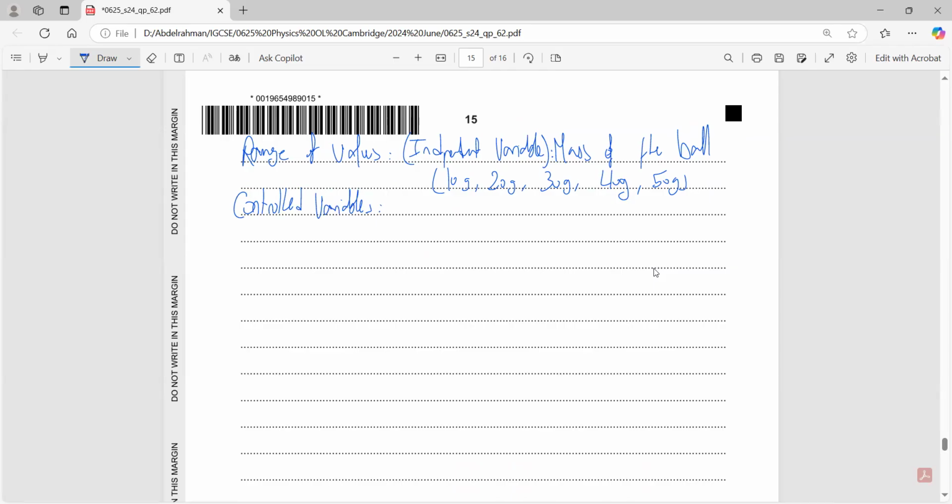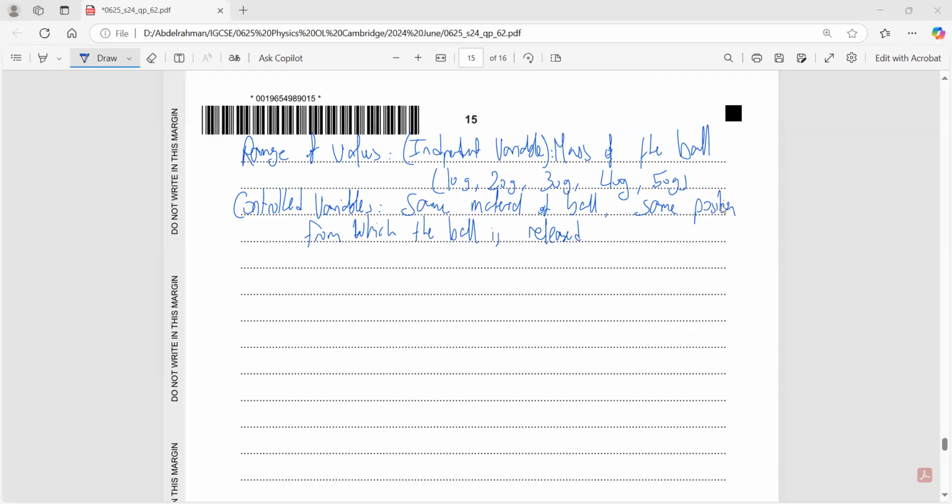For example, we need to have the same material of the ball, and the same position from which the ball is released. You have to leave the ball from the same position each time.